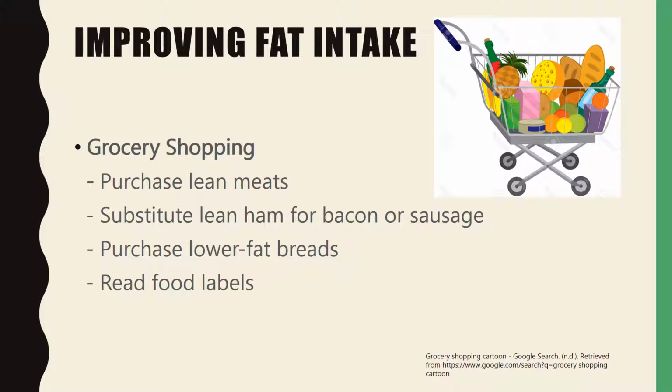Substitute lean ham for bacon or sausage. Baked goods often have hidden fats, so it's good to read food labels and make sure that you're actually getting what it says. Purchase lower fat bread such as bagels, pita bread, corn tortillas, and English muffins. Avoid higher fat products such as croissants, donuts, Danish pastries, and sweet rolls.